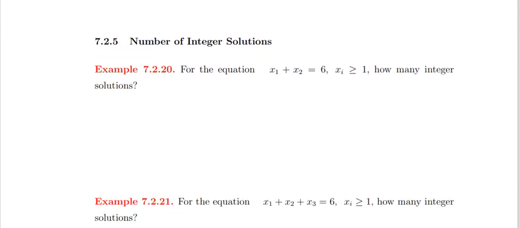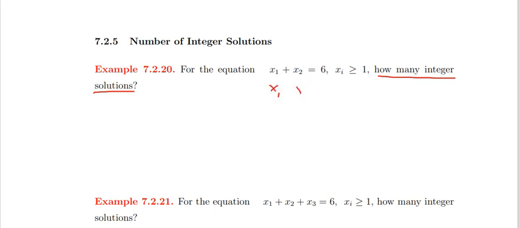Okay, so now let's consider this problem, number of integer solutions. For this problem, x1 plus x2 equals 6, and each of x1, x2 is larger than 0. So how many integer solutions? We can list all solutions, x1, x2.